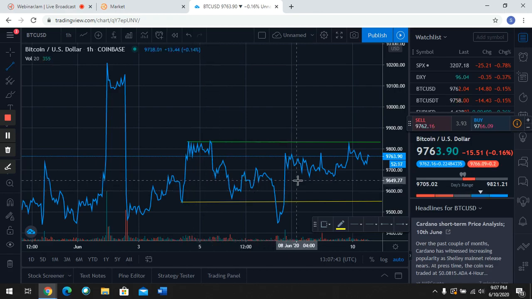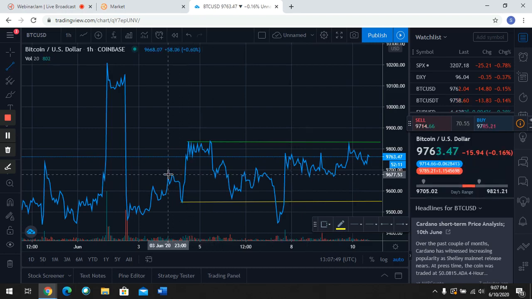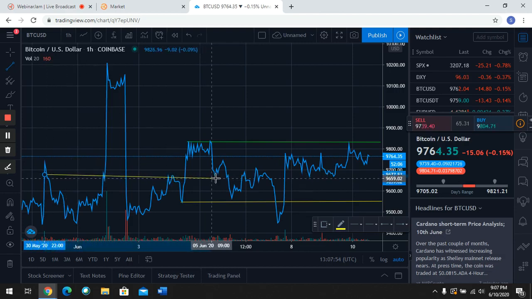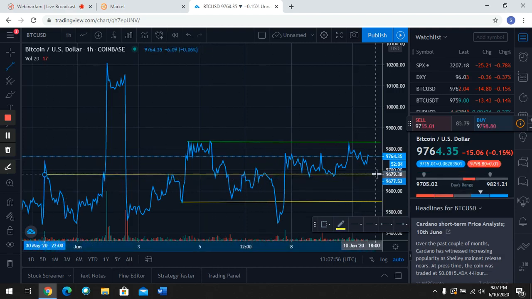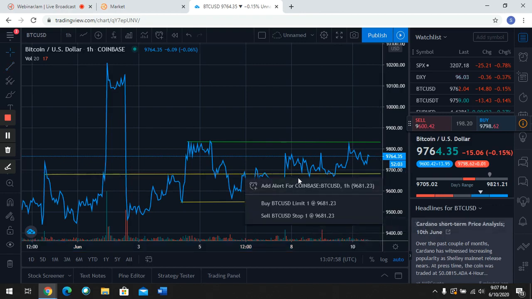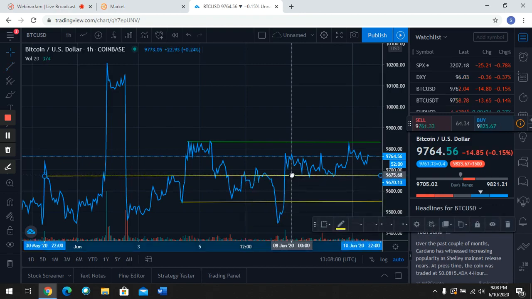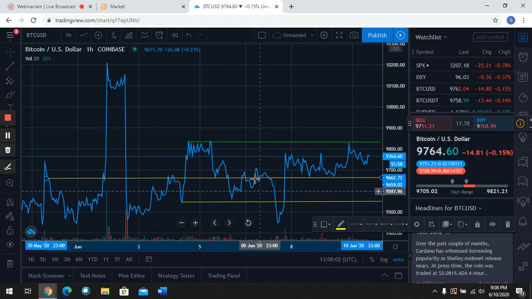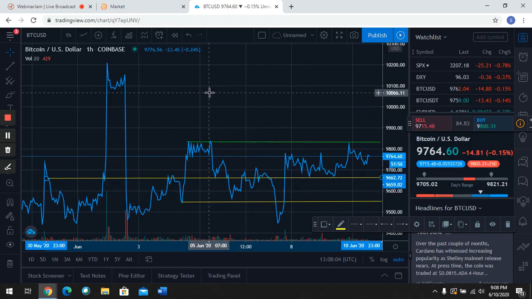So this edge, this edge, this edge, the price was able to bounce back. Okay, I'm going to draw from here. So we have some data here as well. All right. So let's draw from there. Okay, let me just adjust. Okay, now we got ourselves a point at 9660.